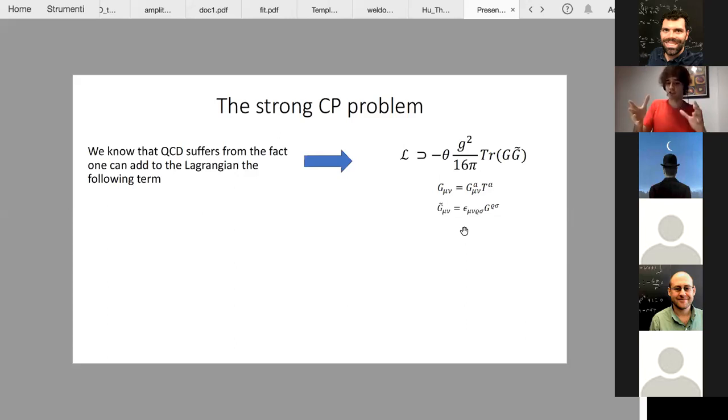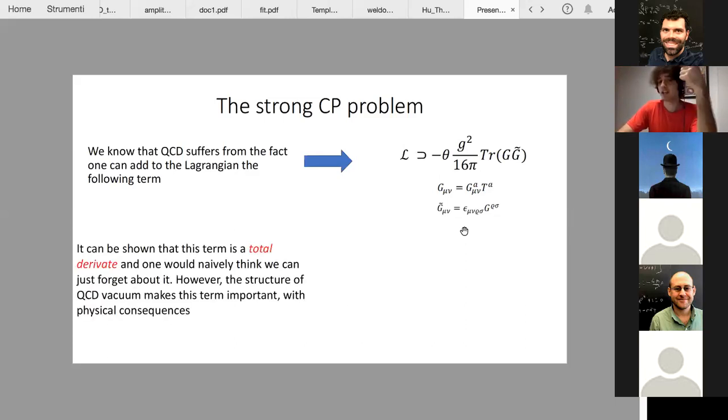So also for the students in the audience, when you study electromagnetism, for example, you are told that you can just omit F F dual in the Lagrangian because it's a total derivative, so it doesn't contribute to any observable. That is okay for U(1), which is an abelian group. But the vacuum structure and the gauge configuration of SU(3) make this more tricky in this case.